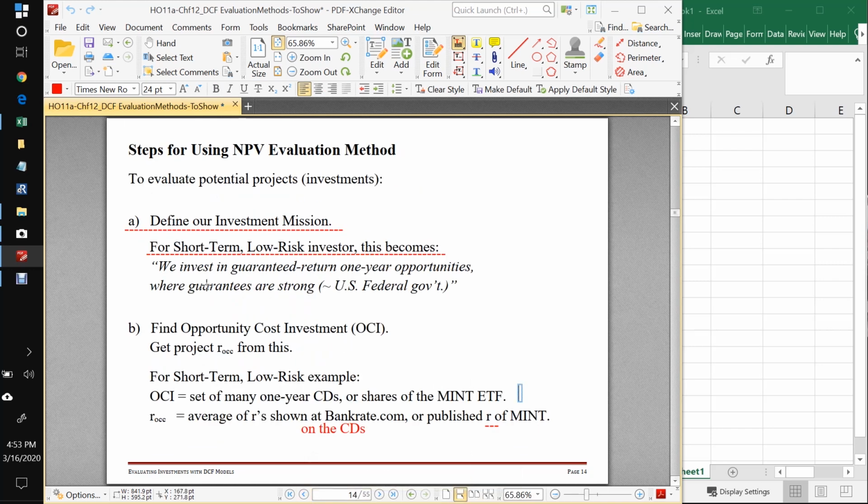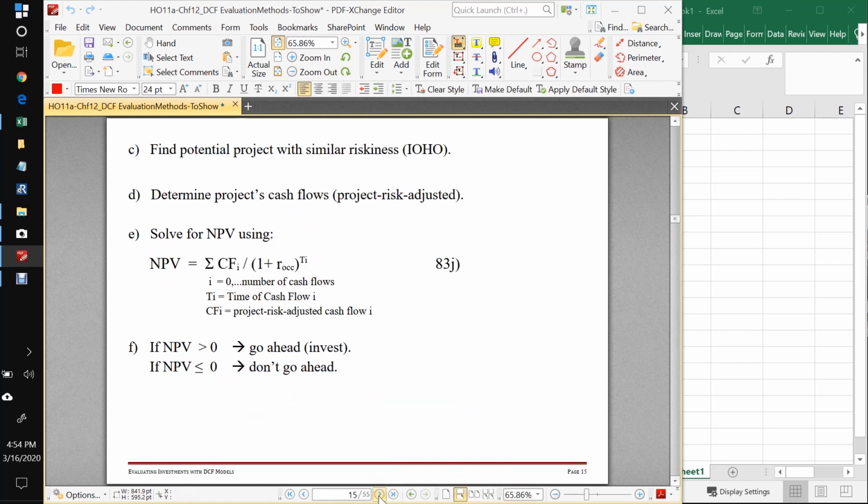So we know our mission, we've found our associated opportunity cost investment and our associated opportunity cost of capital. That's step 1 and step 2.